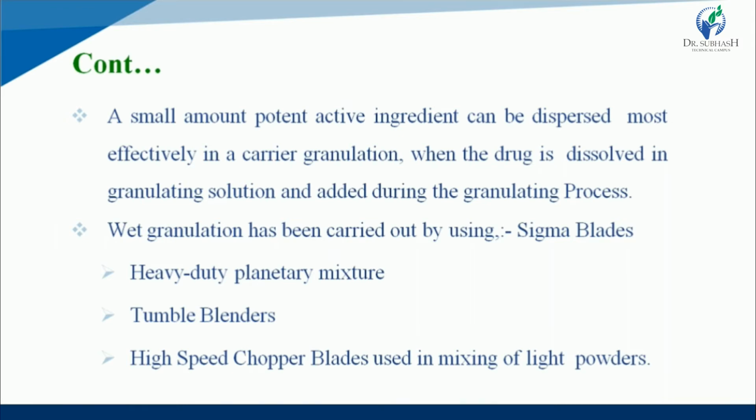Next, wet granulation is carried out by using various equipments. Wet granulation is performed by using a sigma blade mixer, a heavy duty planetary mixer, a tumbler blender, and high speed chopper blades used in mixing of light powder.